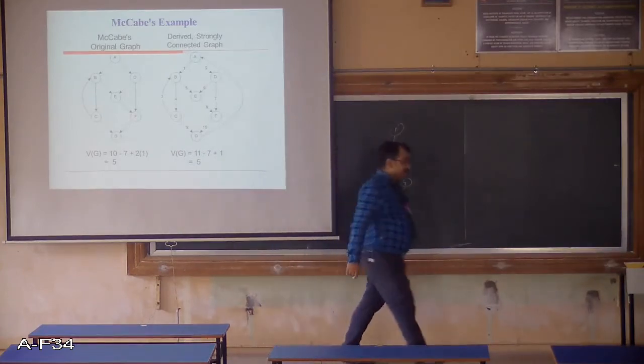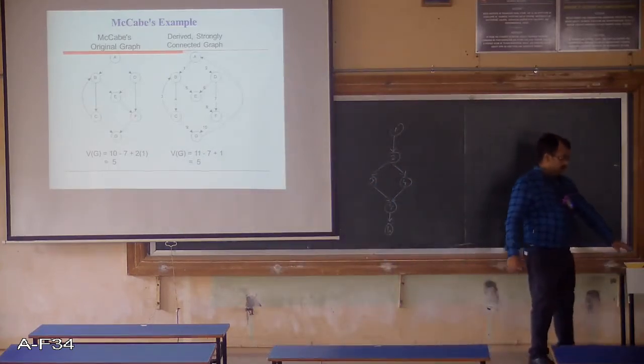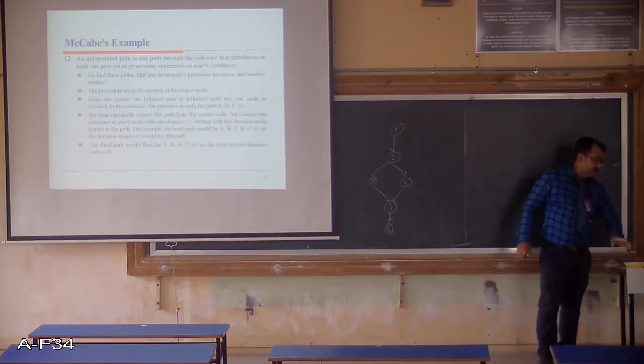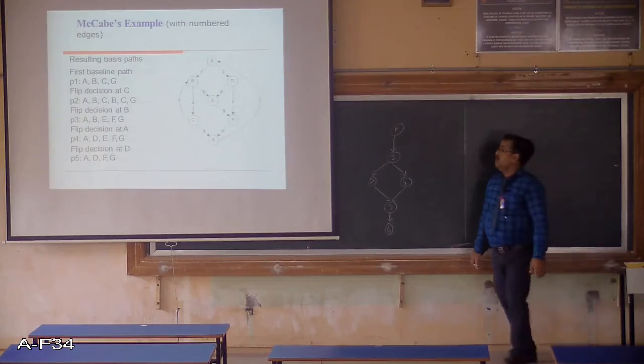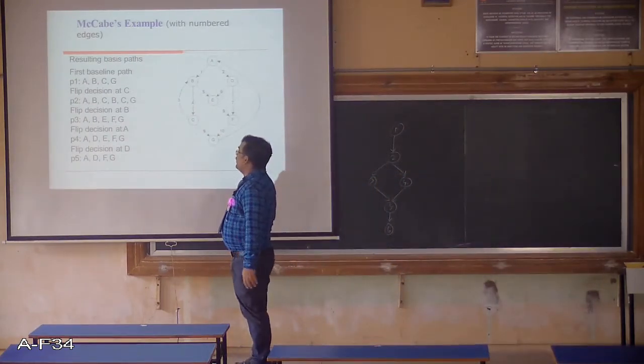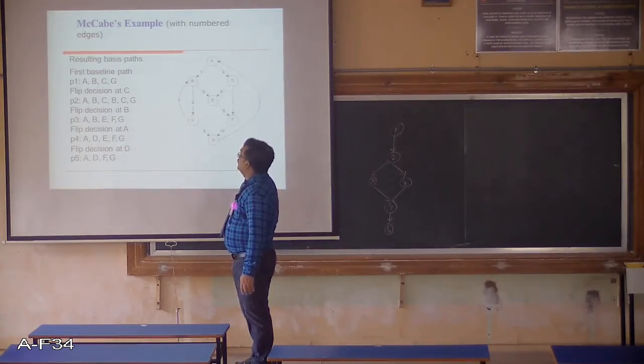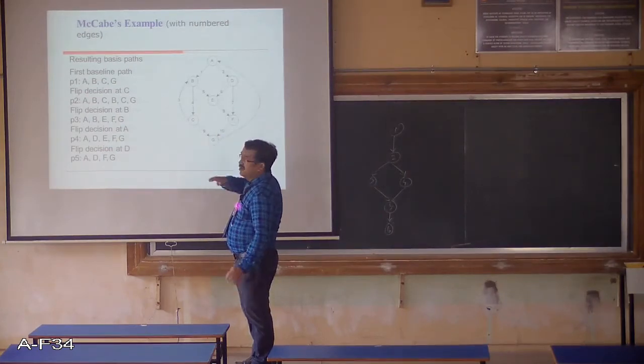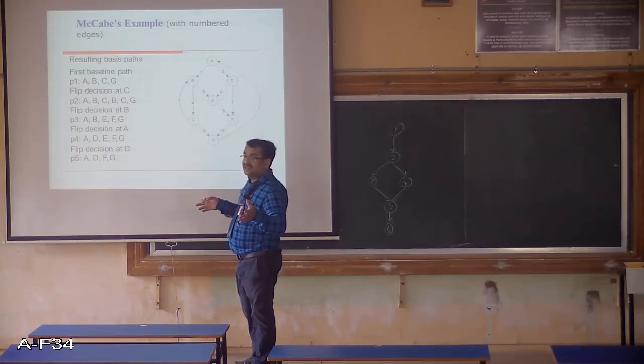So using this technique, he has developed how many basis paths? The basis paths are 5. See, P1 is A, B, C, Z. Then comes P2, where the C node is taken as the node where you are generating the other basis path.